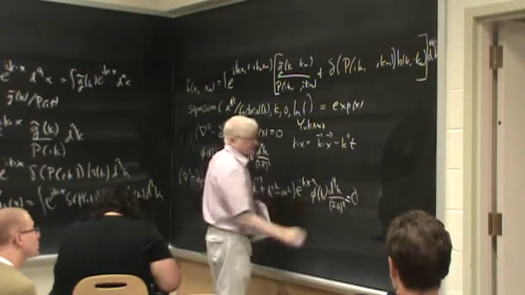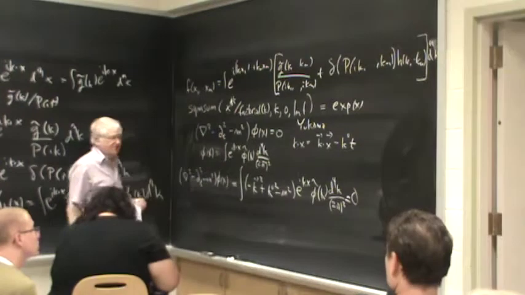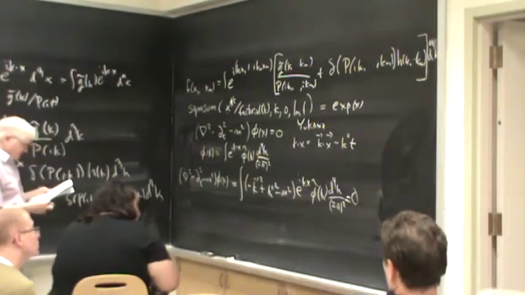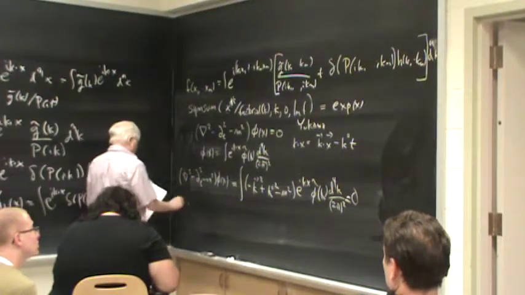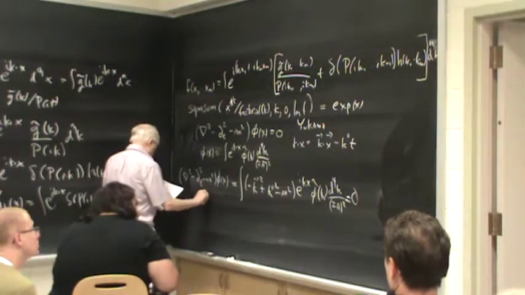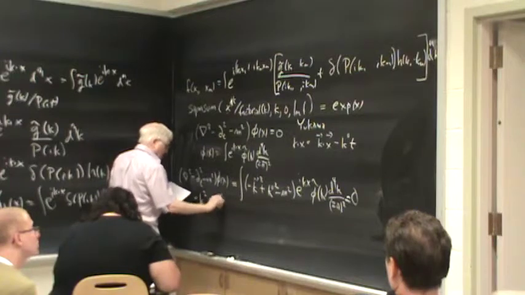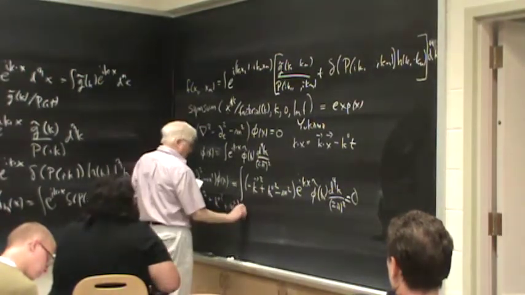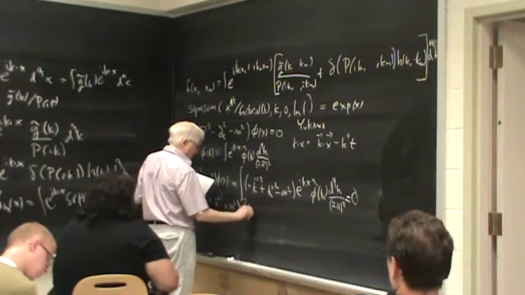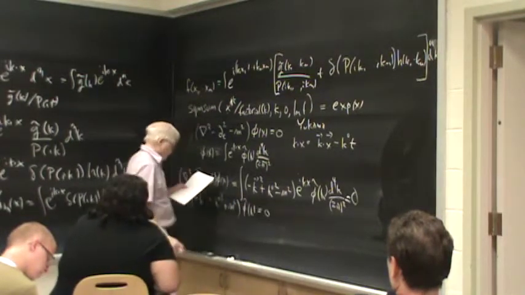That's not going to make any difference either because it's a homogeneous differential equation. Equals 0. And so now we need this algebraic equation, which is minus k squared plus k0 squared minus m squared, times phi tilde of k should be 0.